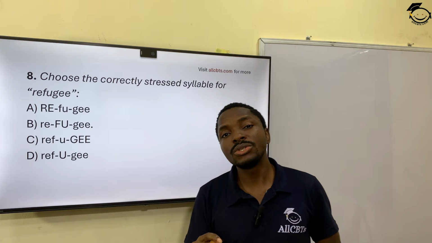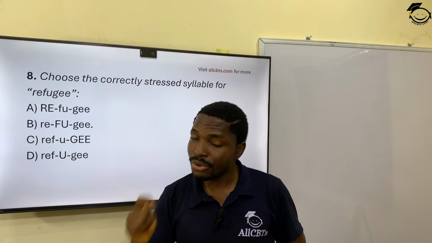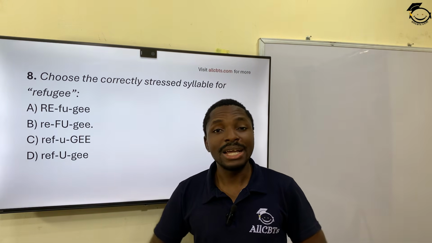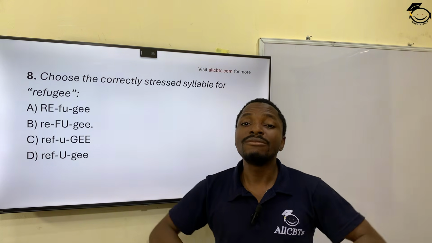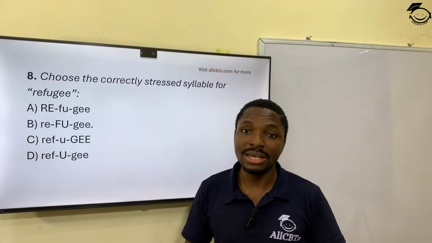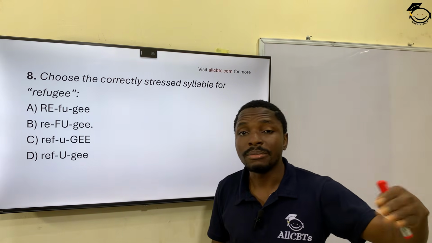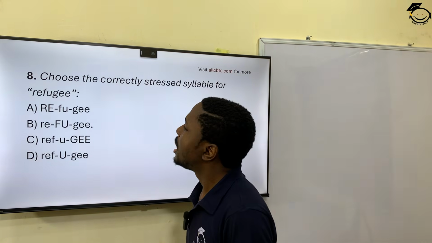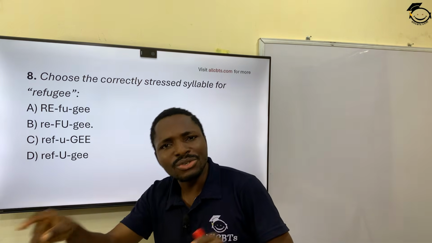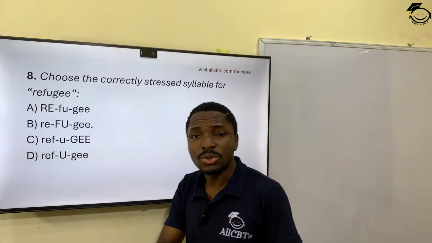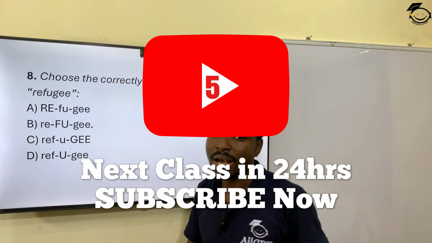Because most of the words we pronounce them wrongly. Especially in Africa. English is not our mother tongue. So we have to learn English, okay, against European and American nations. So if you don't know how to pronounce the word, you will put the stress where it's not supposed to be and you go for the wrong answer.